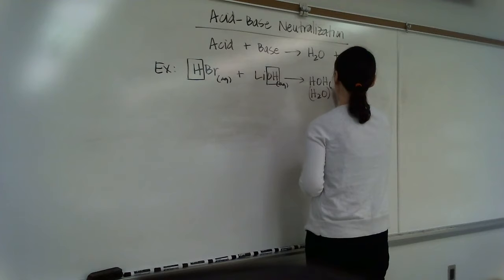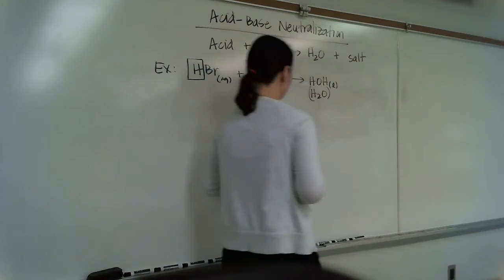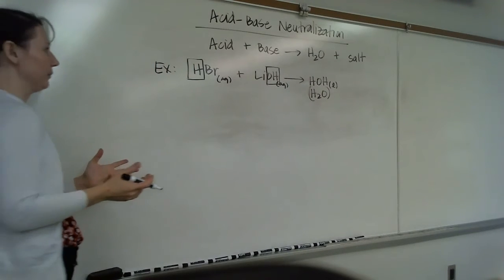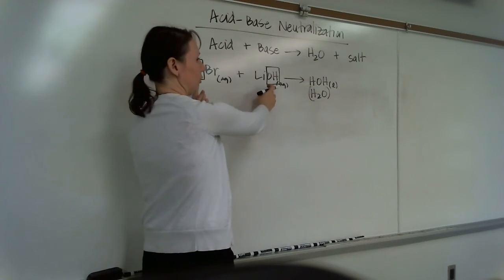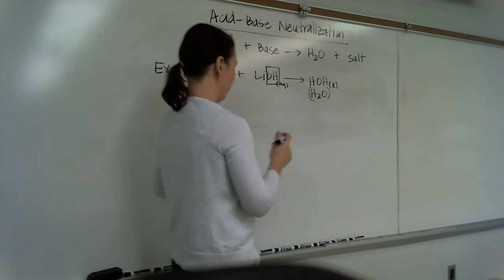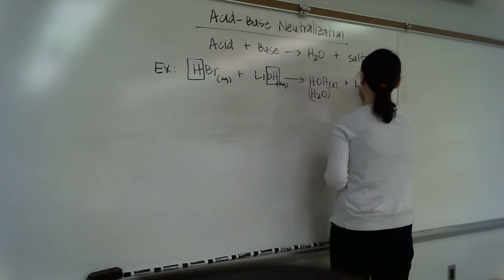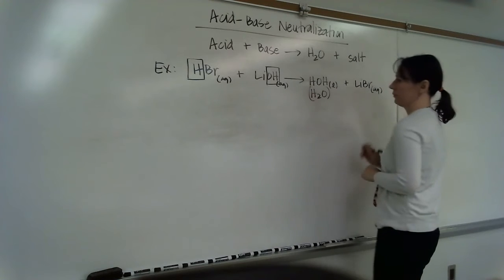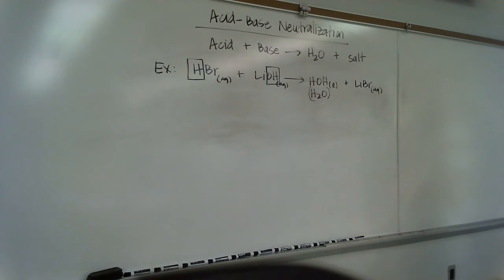And that phase is liquid. And now, double displacement again. Cation getting together with the anion, cation get together with the anion. So what's our salt? Lithium bromide, right? And you can look it up, but it is aqueous. So it's just regular old double displacement reaction.